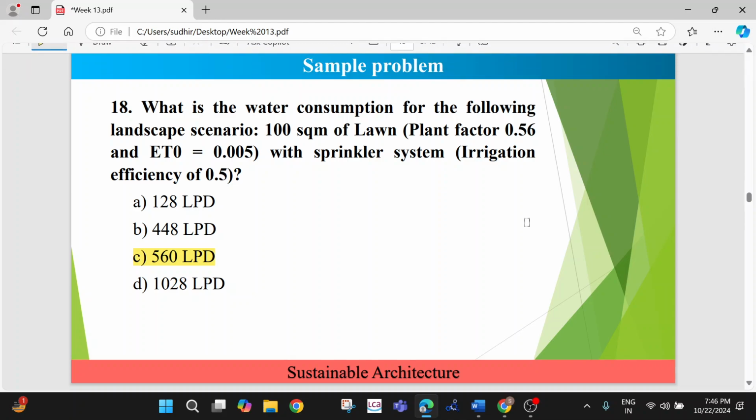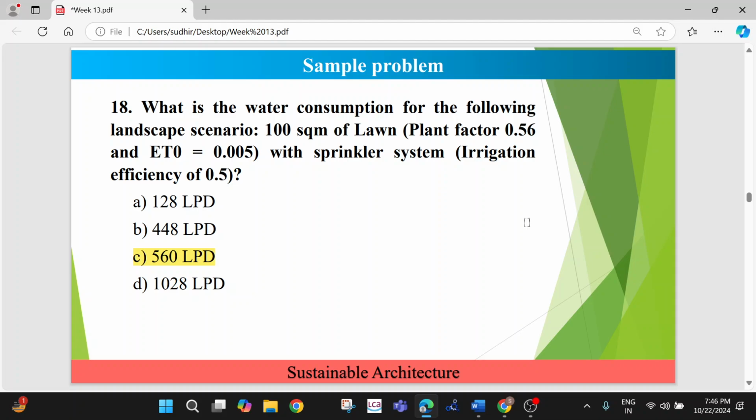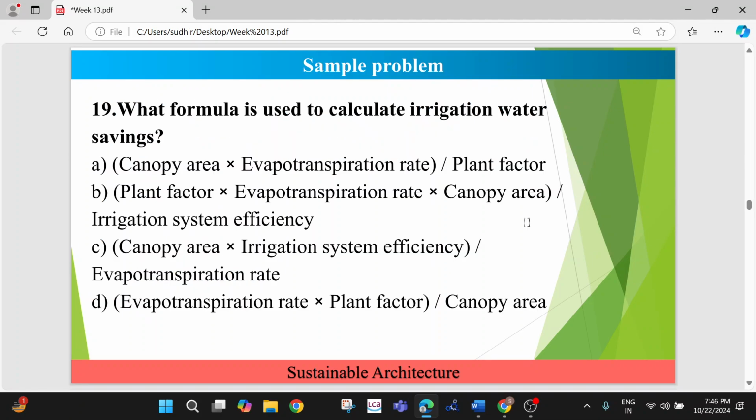So whoever are not able to solve this, you can see this formula and utilize it. Then you will be getting the correct answer for that question. So what will be the formula for calculating this irrigation water savings?